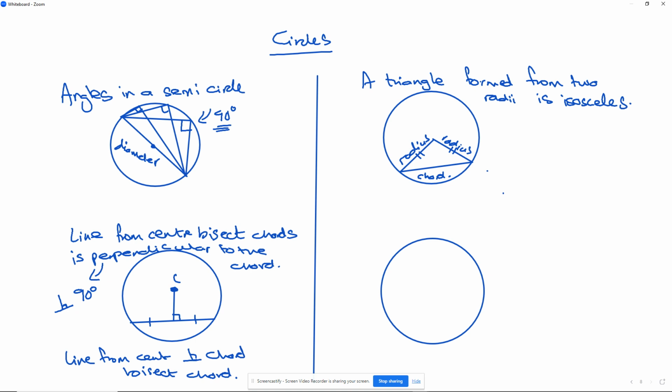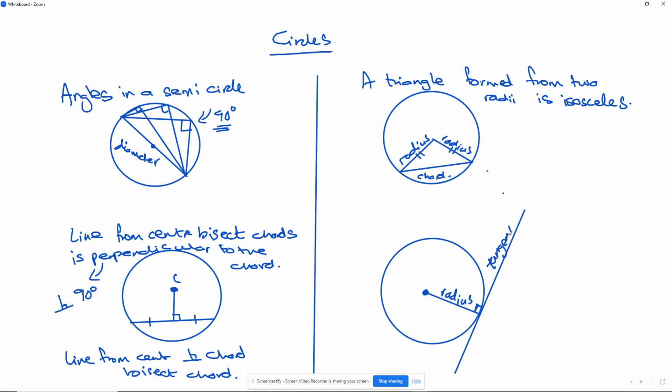Then we've got what is known as the tangent. All right, if you run a tangent to a circle, then this angle will be 90 degrees if this is the radius.